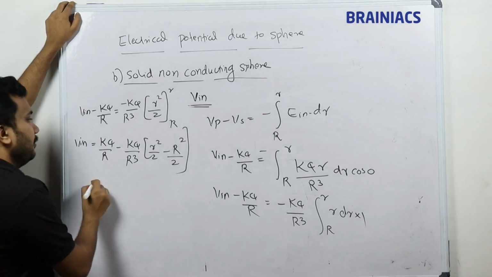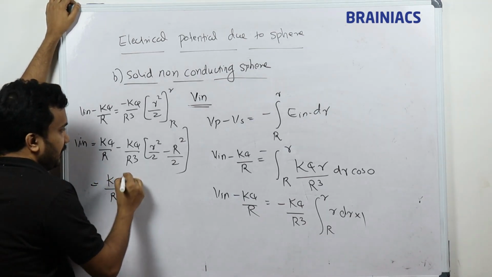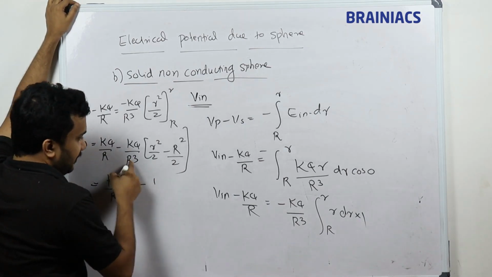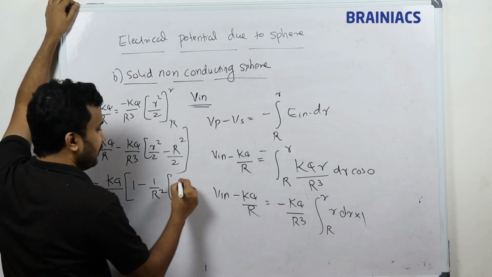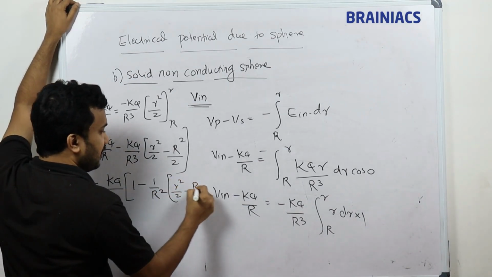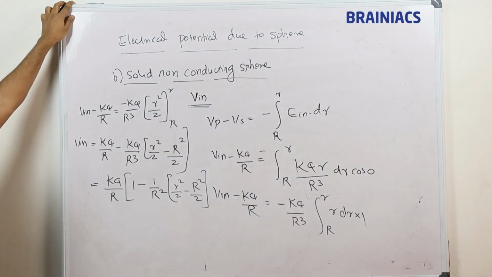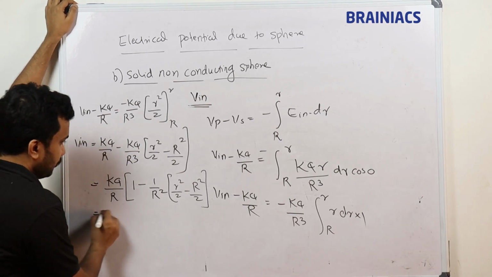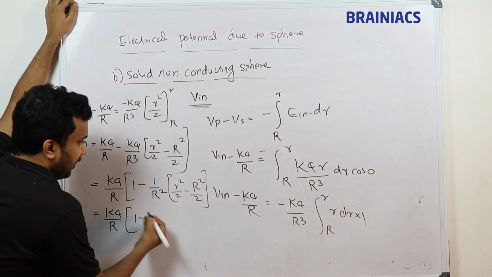Here I am taking one term as constant, KQ divided by R. So what is coming? 1 minus 1 by R square multiplied with r square by 2 minus R square divided by 2. Let me make this clear: KQ divided by R, 1 minus.